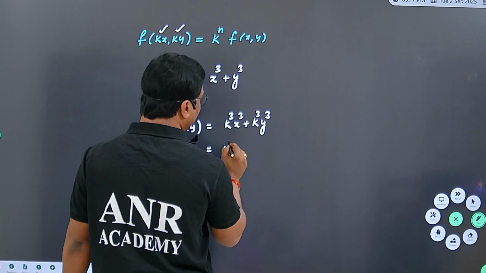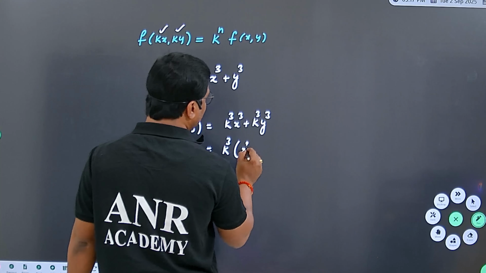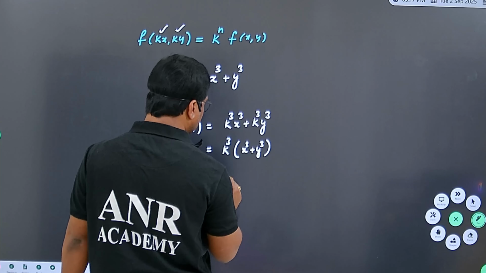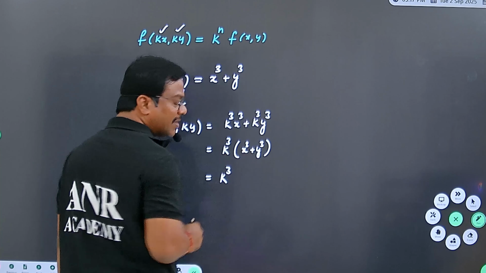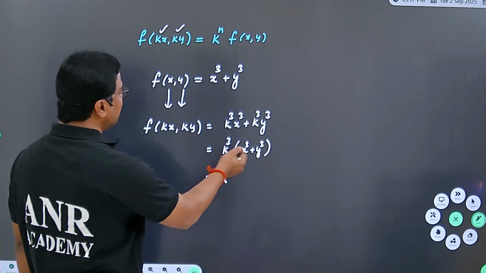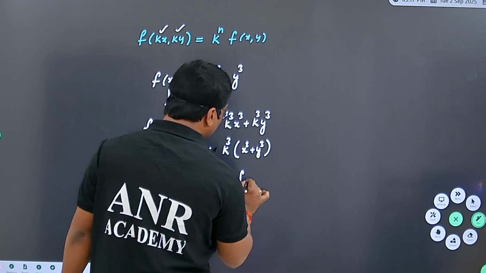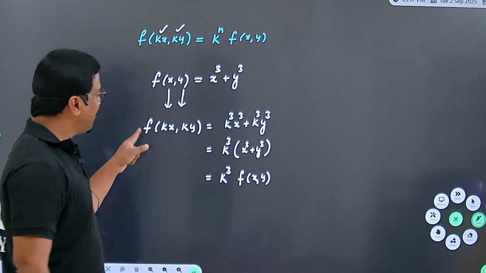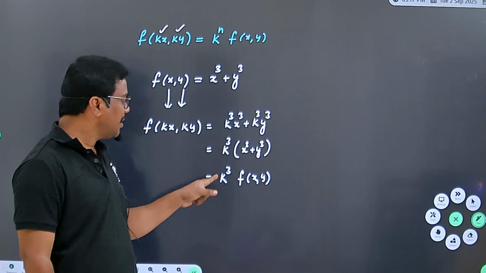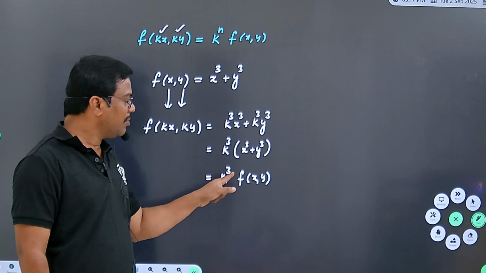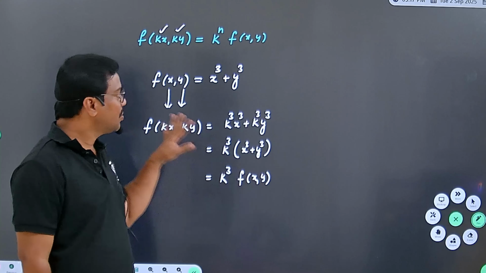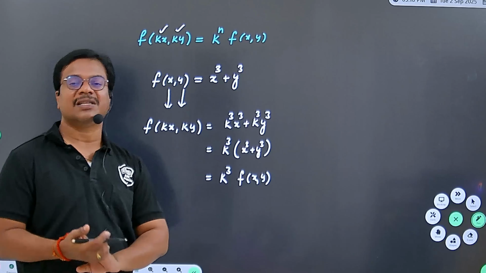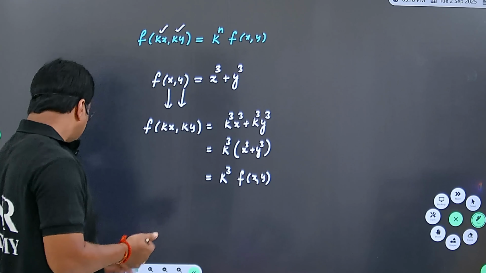By taking k power 3 common, inside we get x power 3 plus y power 3. This is equal to k power 3 multiplied by x cube plus y cube, the function of x comma y. So f of kx comma ky is written as k power something into f of x comma y, so it is a homogeneous function in x comma y.